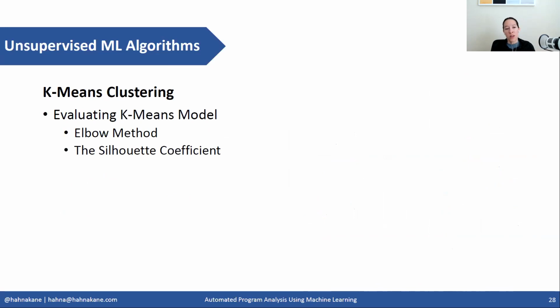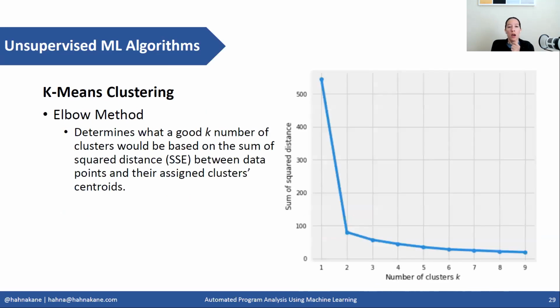So to evaluate the k-means model, there are 2 ways of doing this: the elbow method and the silhouette coefficient. We should be okay with time, so I'll cover both. With the elbow method, essentially, this helps you determine what a good K number of clusters would be.